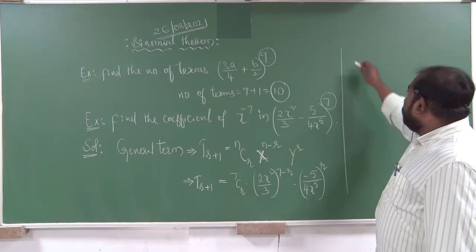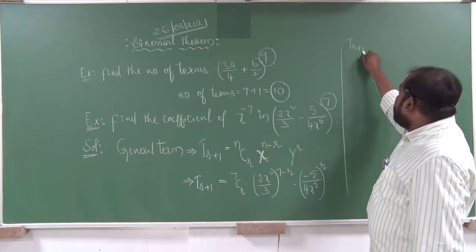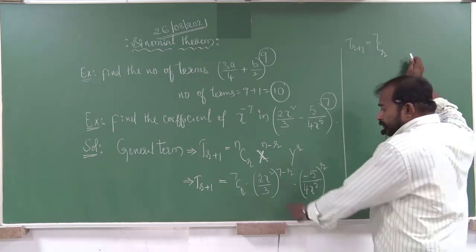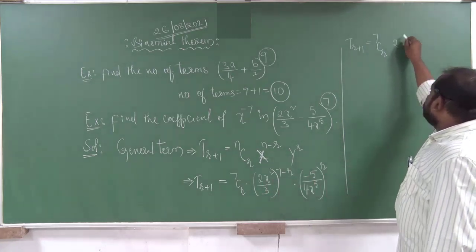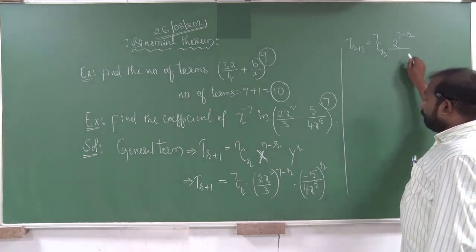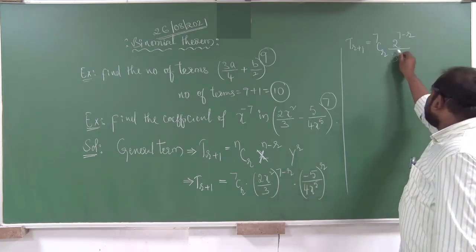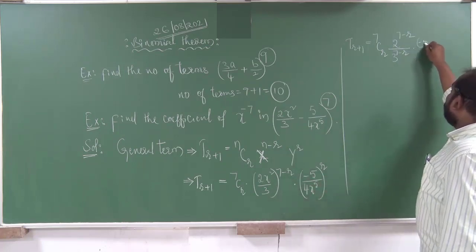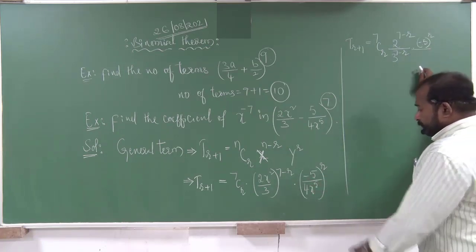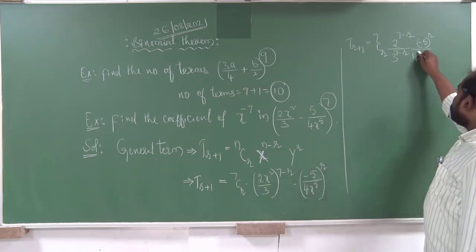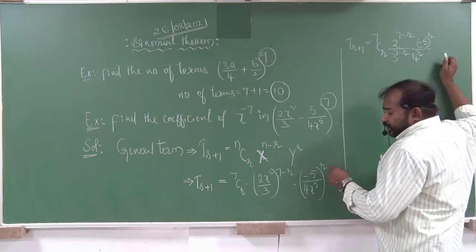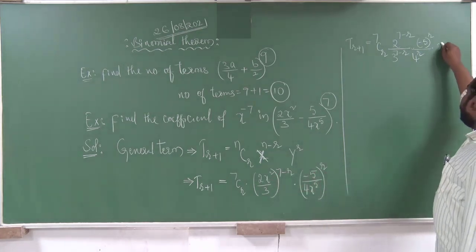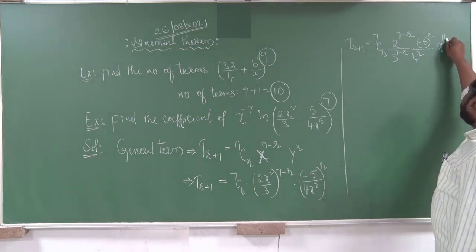Now if you simplify, T(r+1) is equal to 7Cr, 2^(7-r) by 3^(7-r), into (-5)^r by denominator 4^r, into, now we will cross check the x power value. (x^2)^(7-r) means what you will get, x^(14-2r).